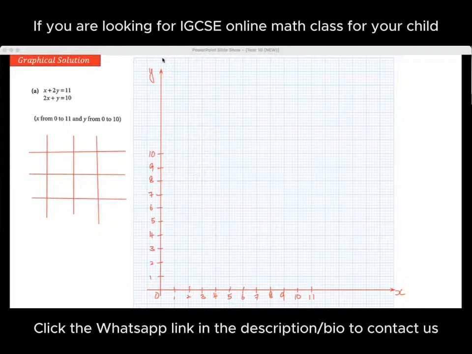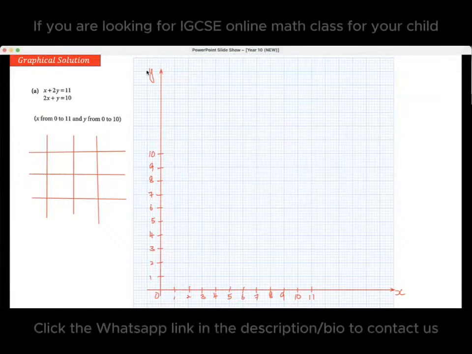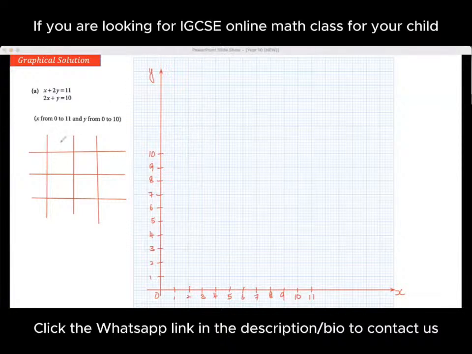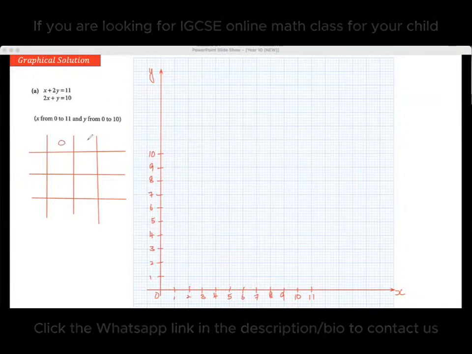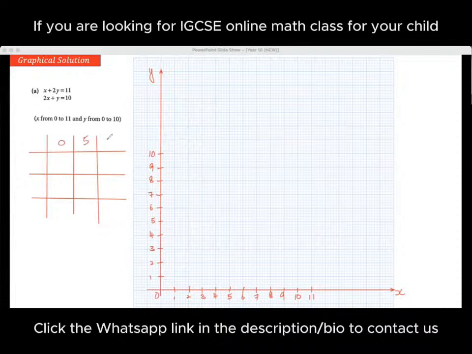What you need to do is just find 3 points. For example, I will say x equals 0, then x equals 5, x equals 10. You cannot find just 2 points.